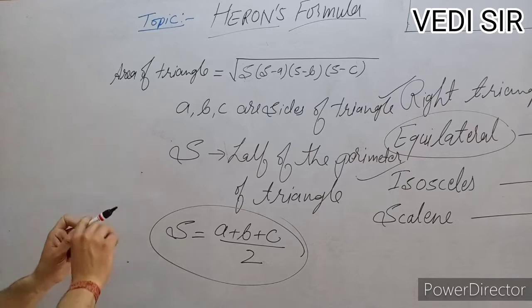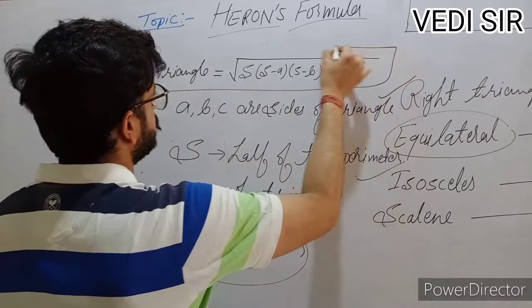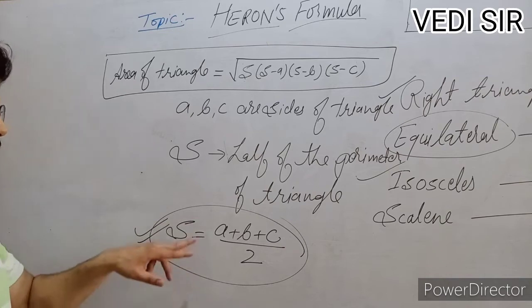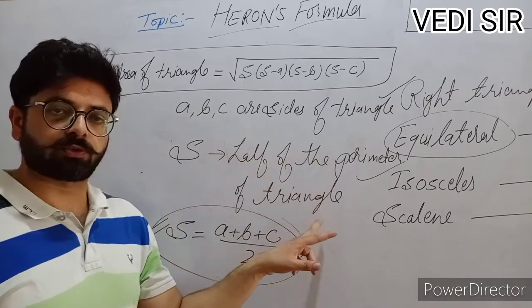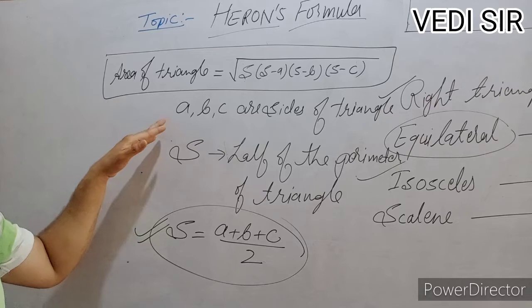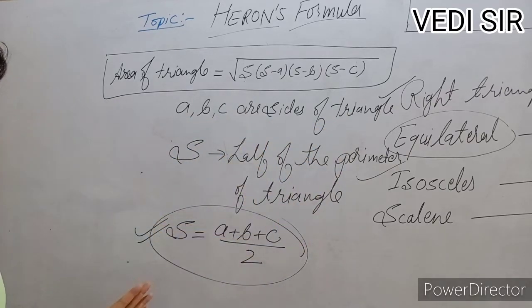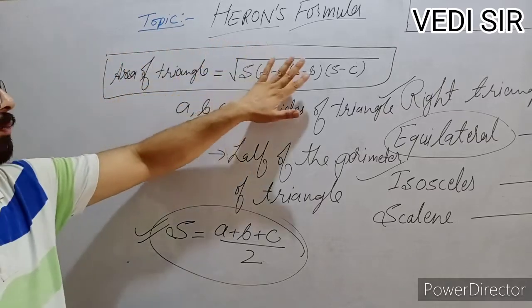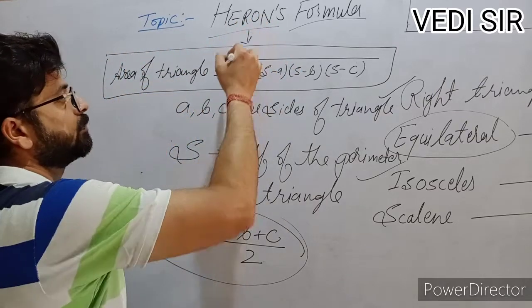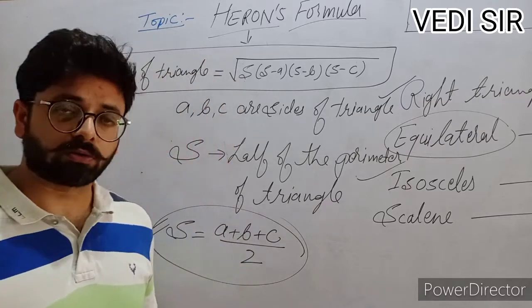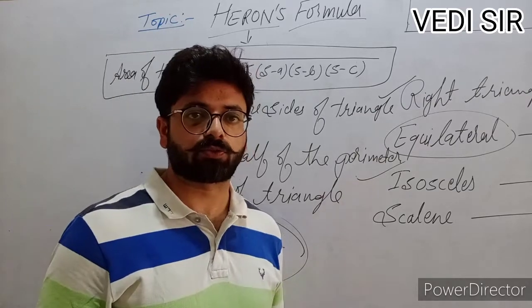So guys, this is Heron's formula. This part and this part is the main part of Heron's formula. S is the half of the perimeter, and A, B, C are the sides of the triangle, and this is the main formula. We also call this Heron's formula because Heron discovered it.